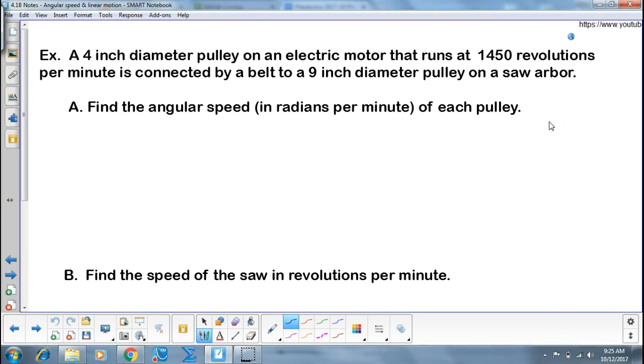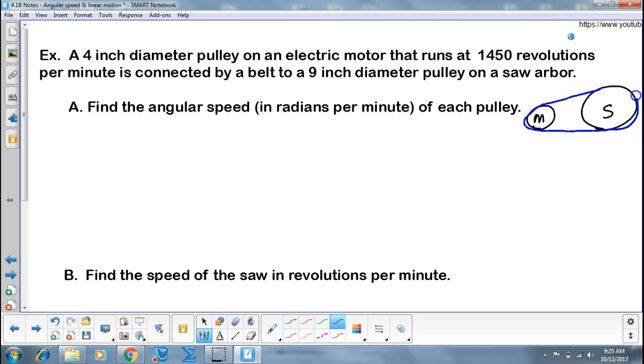Try this again. So we've got a motor that's running a saw, right? And they're connected by a belt. Okay? So we need to find the angular speed of each pulley.